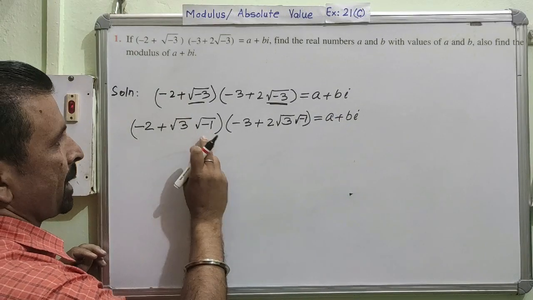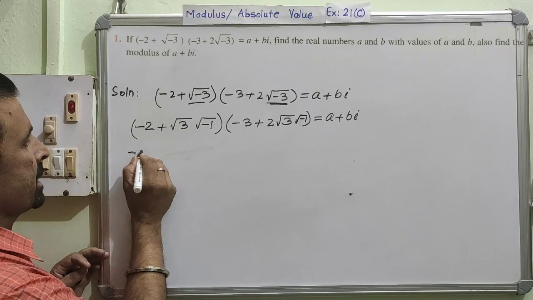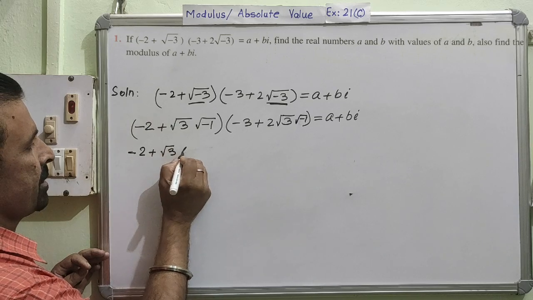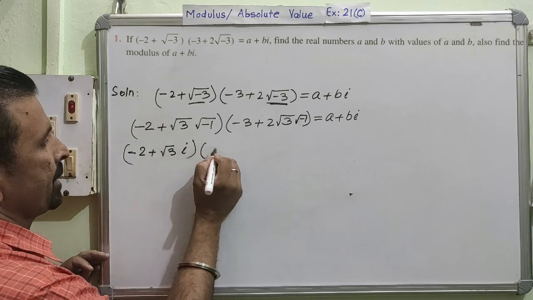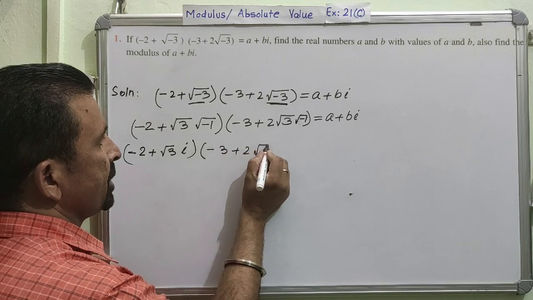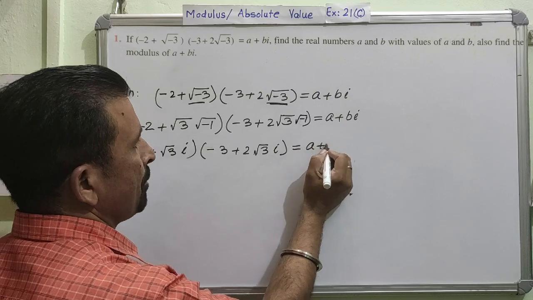Now this root over minus 1 part can be denoted as i. So the value is: negative 2 plus root 3 i, and similarly the next bracket, negative 3 plus 2 root 3 i, is equal to a plus bi.